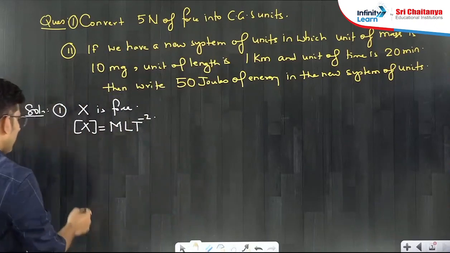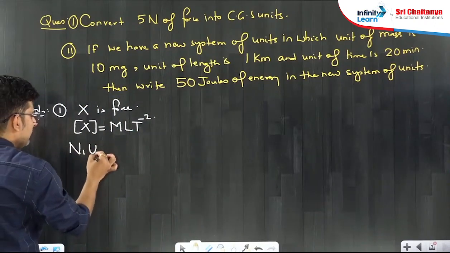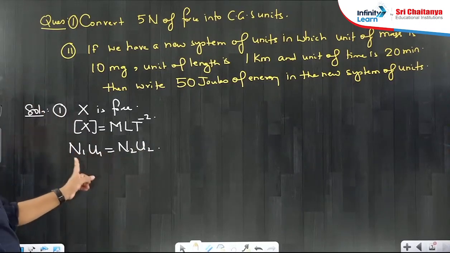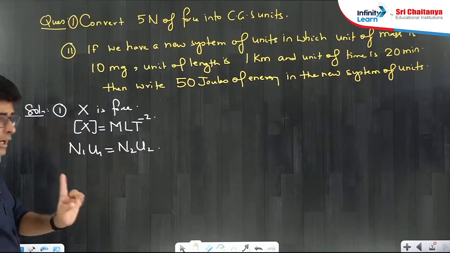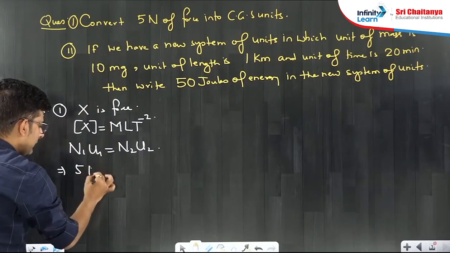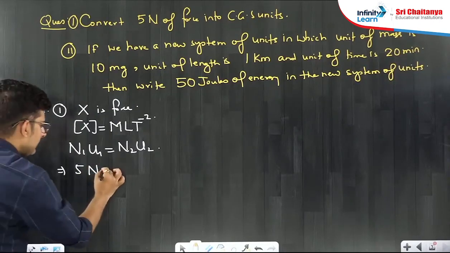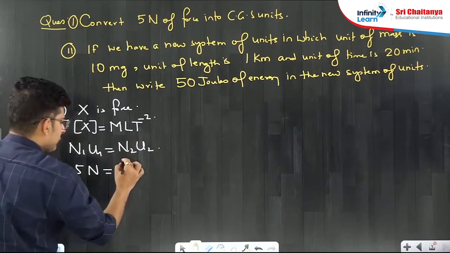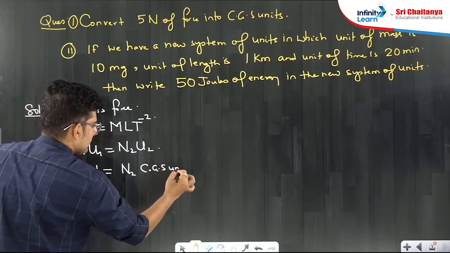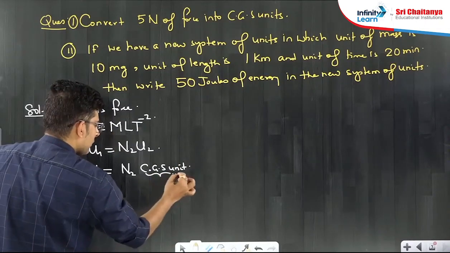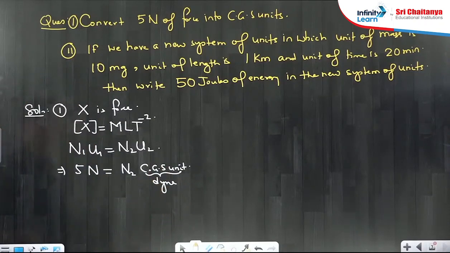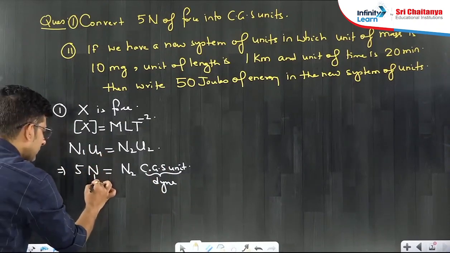So use n1u1 equals n2u2. What is n1? They have given 5 Newton. We have to find n2, and u2 is the CGS unit, which is also known as dyne.